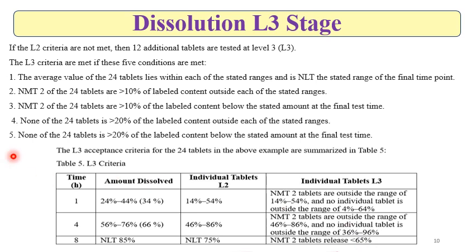So now it is clear that once you go from L1 to L2 and L2 to L3, you are getting relaxed limits. But it is not like that all the individual units will enjoy this relaxed limit. And this is why, because if this relaxed limit is given to all the units, that means all of your batches will pass.